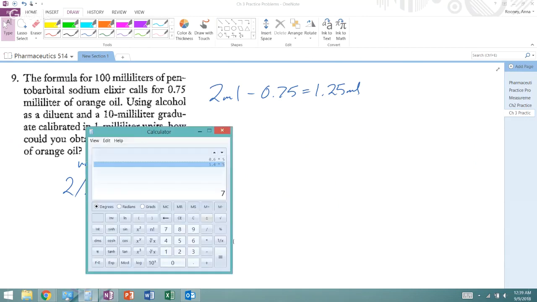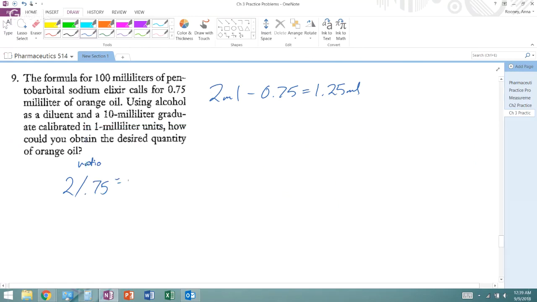I don't have it written down. Right, 2.66, repeating.